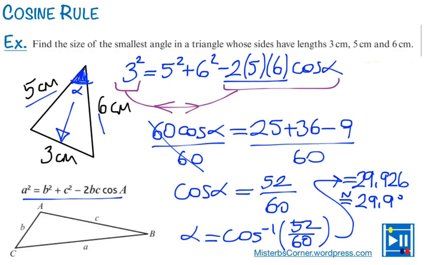Generally speaking, the angles are rounded to 1 decimal place, but we hope that they are going to tell us in the question to what extent we are going to round the numbers. Anyway, this is how we work the cosine rule to find the angle. You can see in the book and in other books that they tweak the cosine rule to end up with the angle being equal to some other expression.